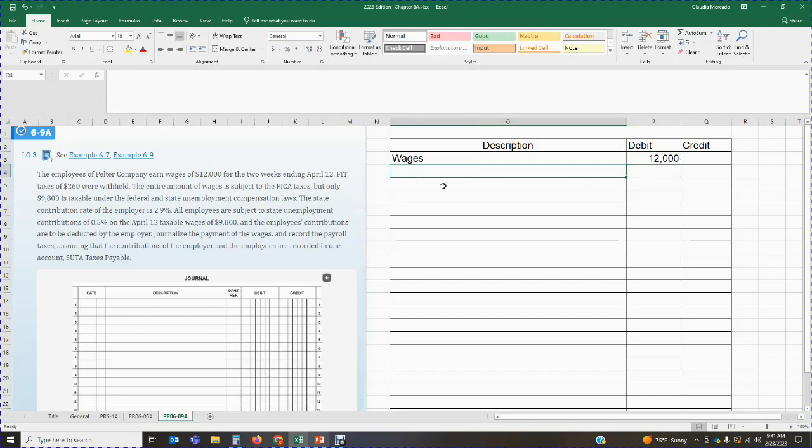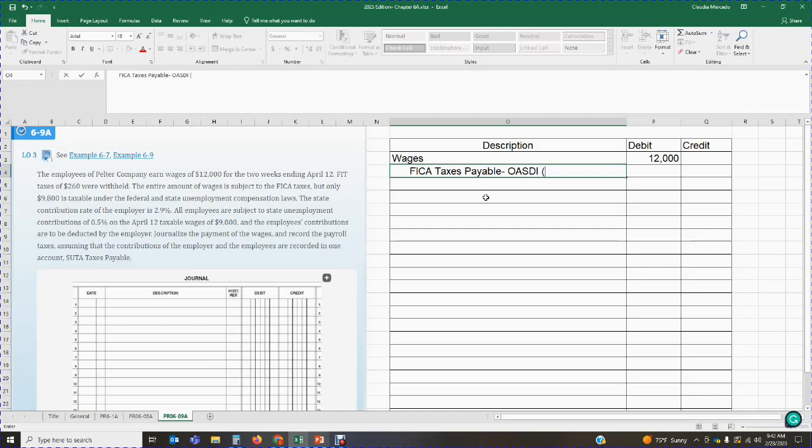Now I need to deduct from my employees' paychecks all of the corresponding taxes. The first tax that we're going to deduct is my FICA taxes for OASDI. Remember, we put it into a payable because that is money that is owed to a third party. So we need to segregate them depending on the type of tax, that way we can pay the corresponding taxing entity. So we're going to put the money that we deduct for OASDI into FICA taxes payable OASDI.